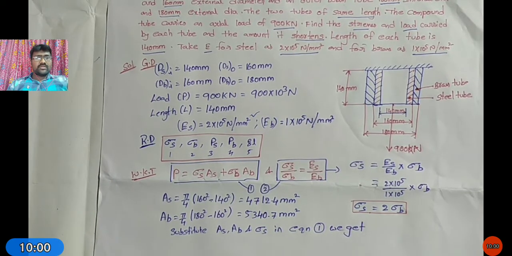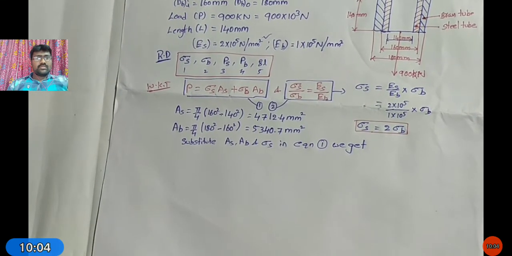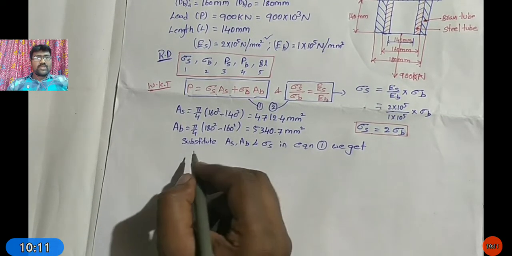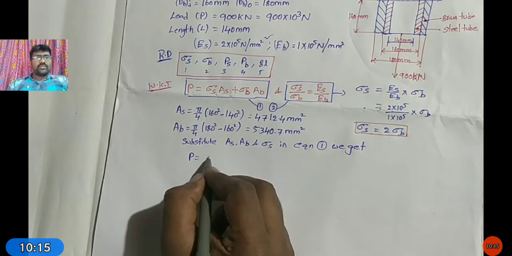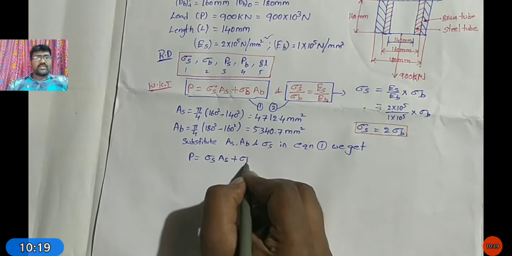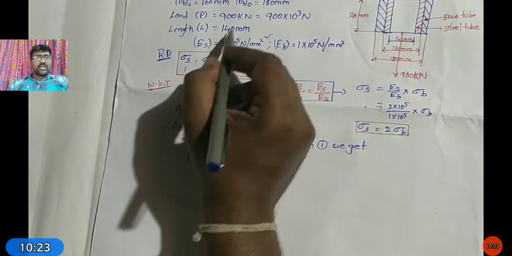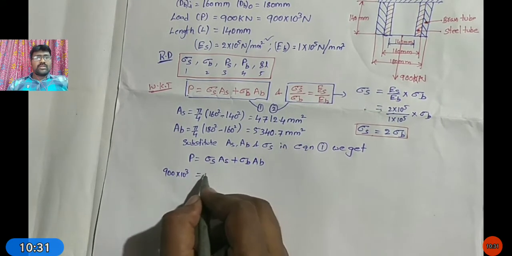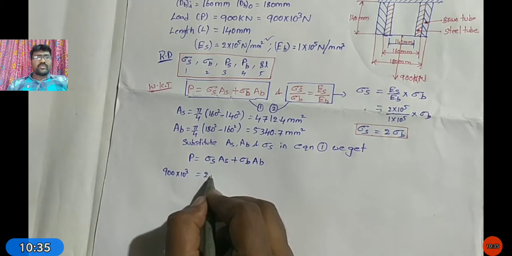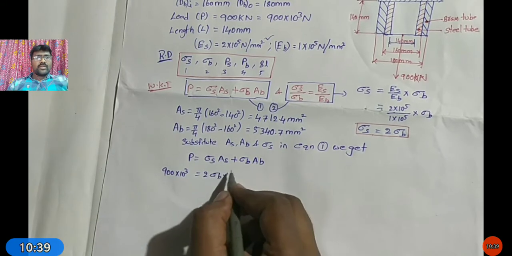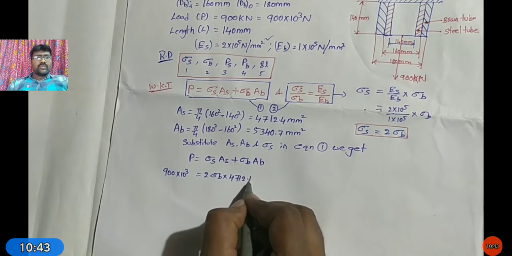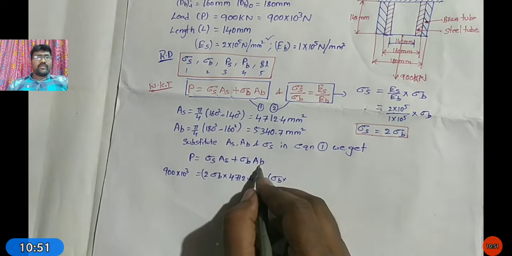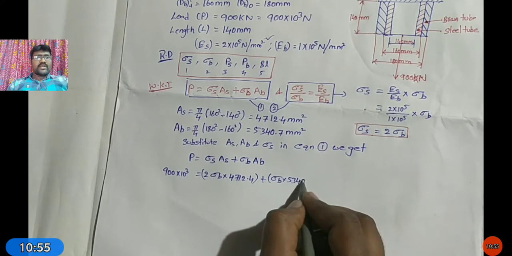We get load is 900 into 10 cube, that is sigma S A S plus sigma B A B. Here the load value given is 900 kilonewtons, that is 900 into 10 cube, that equals to sigma S in terms of sigma B, 2 times of sigma B into area of steel 4712.4 plus sigma B into area of brass tube, that is 5340.7.